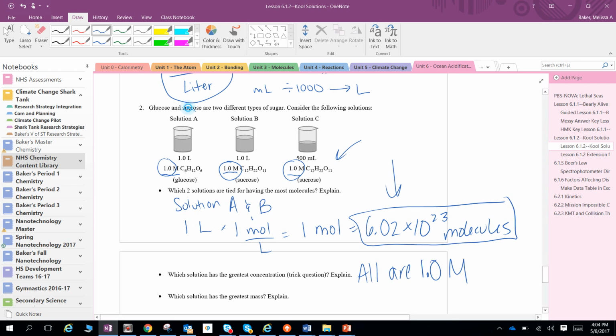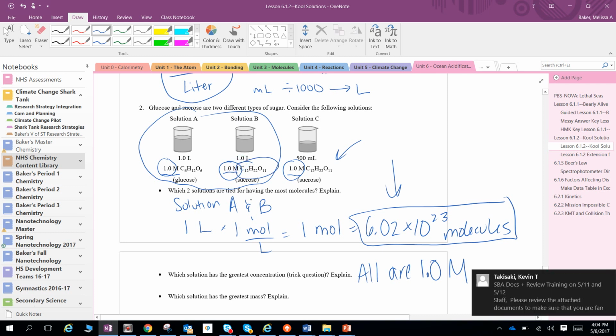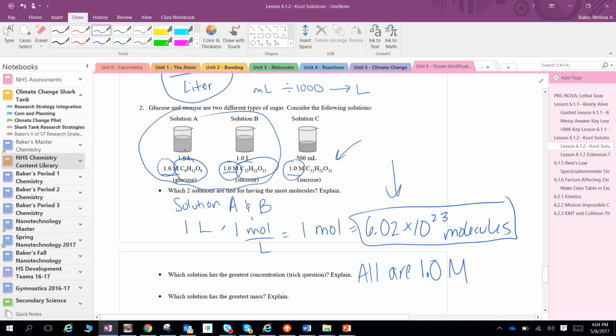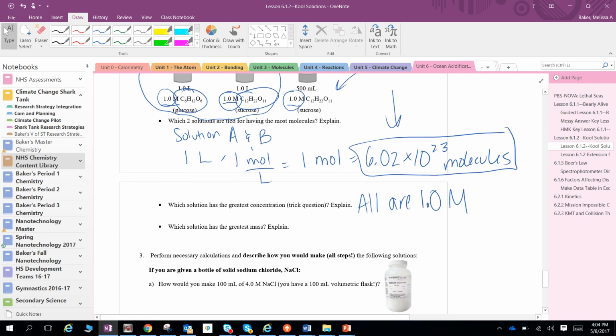Well, solution A and B both have 1 mole's worth, but 1 mole of sucrose, C12H22O11, is going to weigh more than 1 mole of glucose, C6H12O6. So the solution with the largest mass is solution B. And we'll say sucrose has a higher molar mass than glucose.